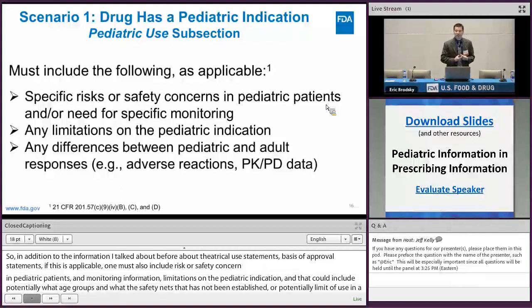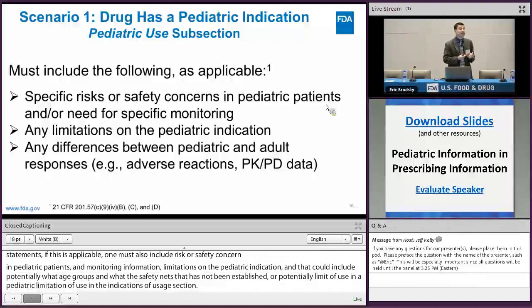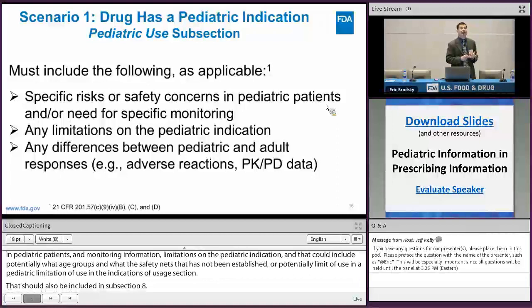And any differences in responses, potentially differences in adverse reactions, or differences in PK/PD response.